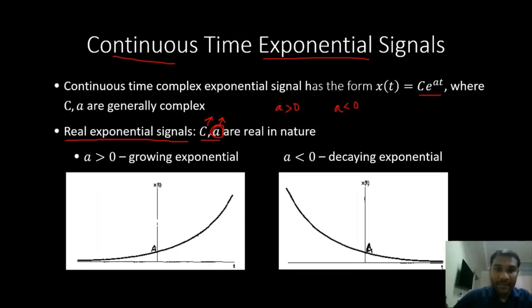When A is greater than 0, it is e power some positive value. So it keeps on increasing. The exponential signal increases. At A equal to 0, we have the amplitude of C into e power 0, that is C.